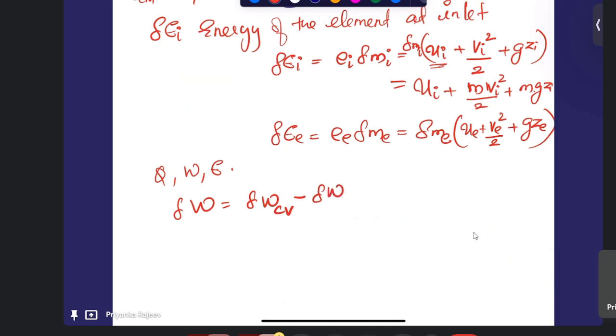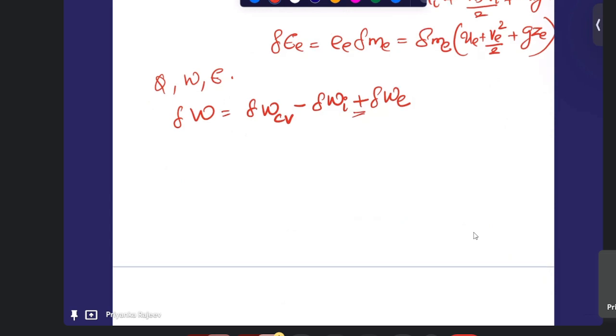Then at inlet there is work for entering this element, and at outlet also there is some work pushing out the element, that is giving out of the system. That's why I am taking it as positive. Again, we are taking it as flow work. Flow work term is delta Wi equal to Pi, then velocity Vi times delta Mi. Or you can take it as rho A V also.